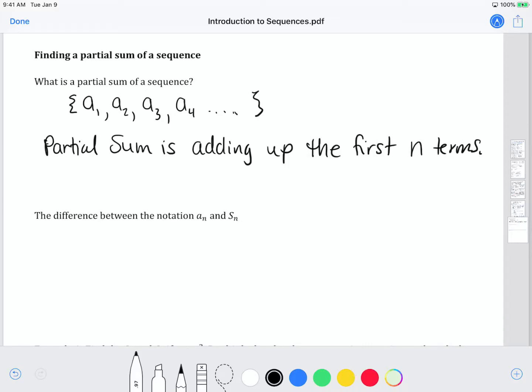Now there's financial and scientific applications to this that we're going to get into later in the course, but right now I just want you to understand what the partial sum means.